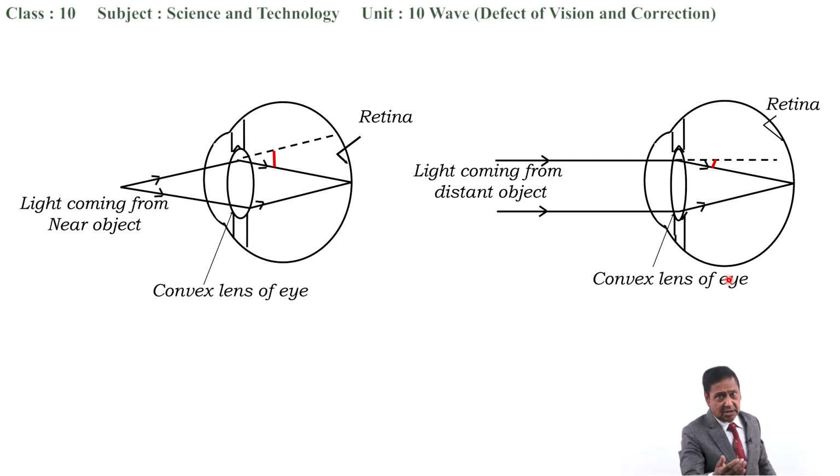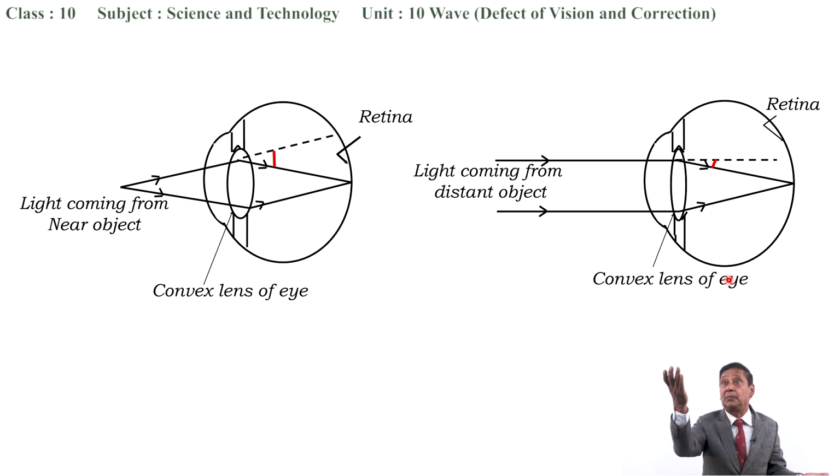While watching a near object, the convex lens should be thick. While watching a distant object, the convex lens should be thin, and automatically all these are adjusted by the ciliary muscle. Then why do we have defects in the eye? Why can some persons not see near objects clearly, and some persons not see distant objects clearly?